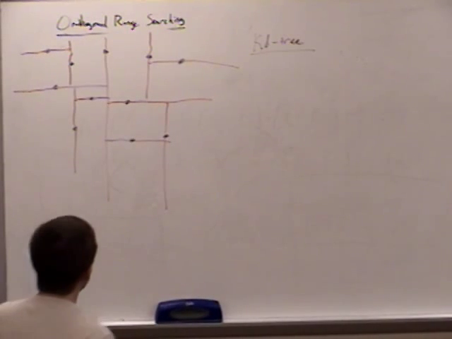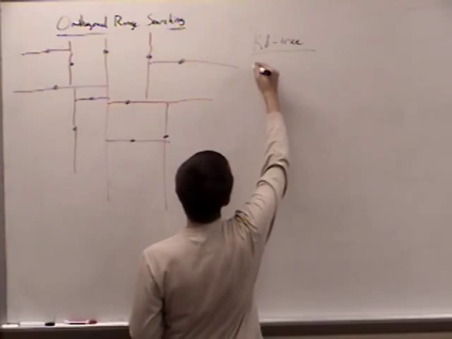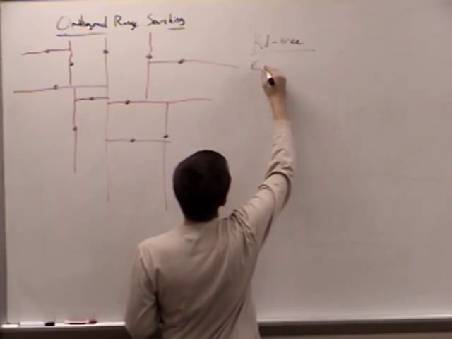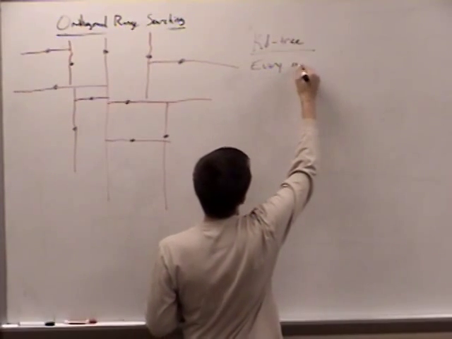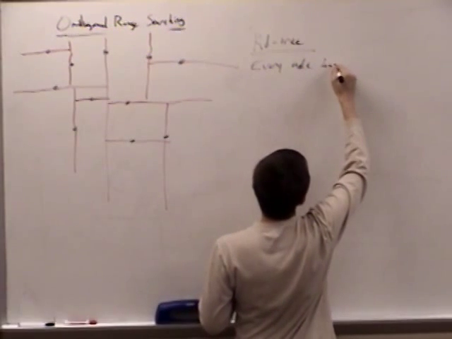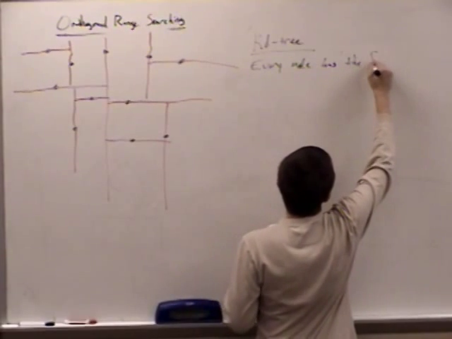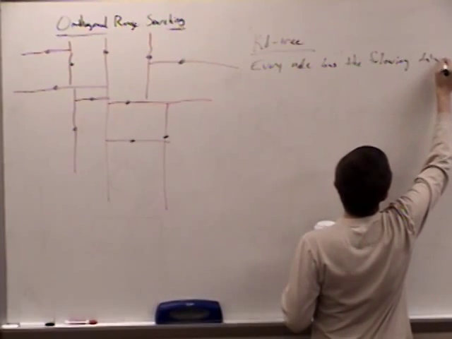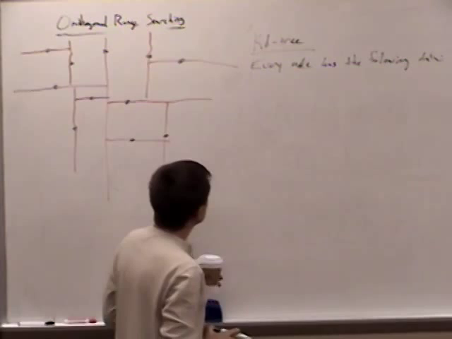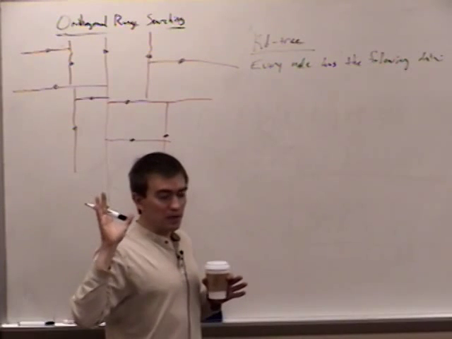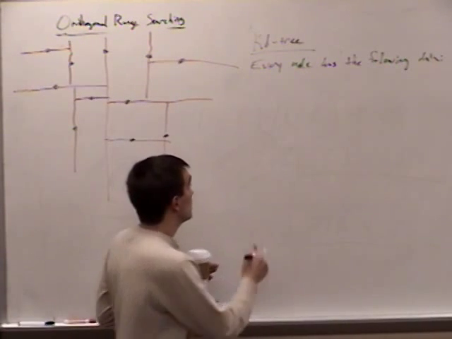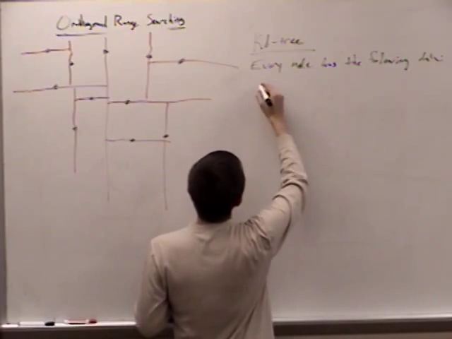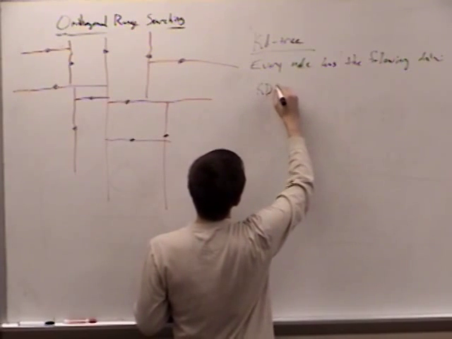And every node of this tree is going to store the following data. This data structure itself is a form of a balanced binary tree, and each KD node has this data type.